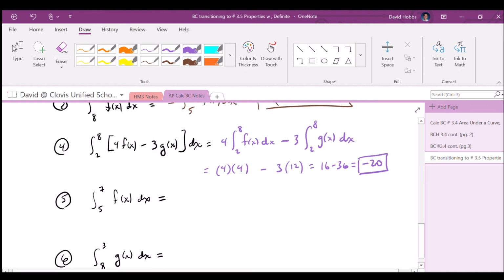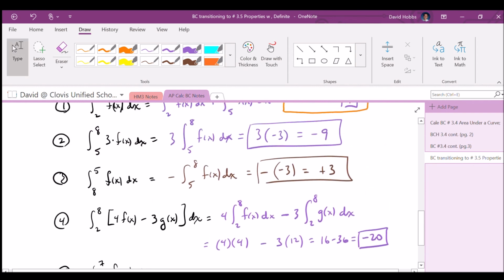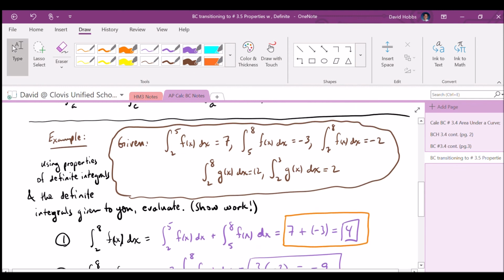Okay, 5 to 7 of f of x. Let's see, okay, so I think we've got to use the 5 to 8 and the 7 to 8.